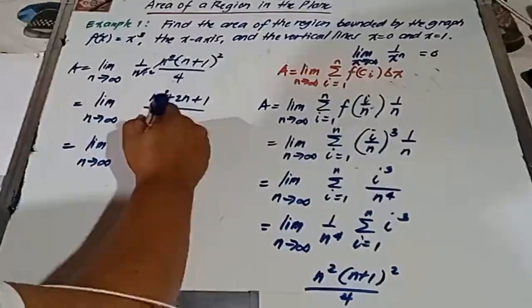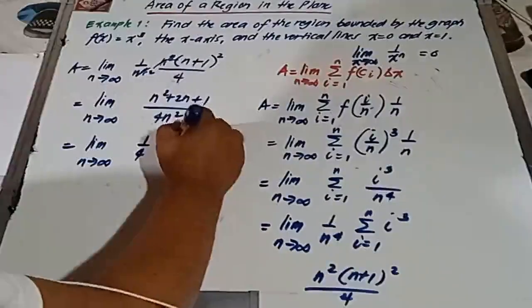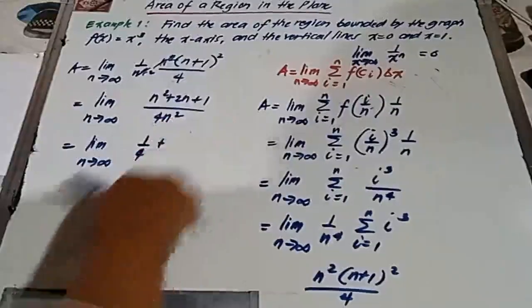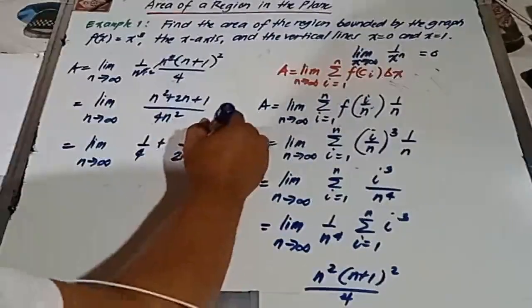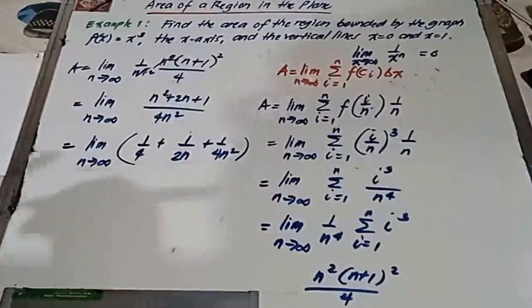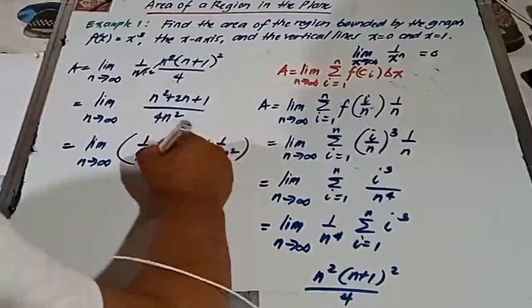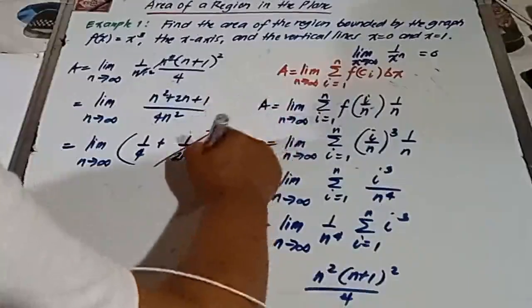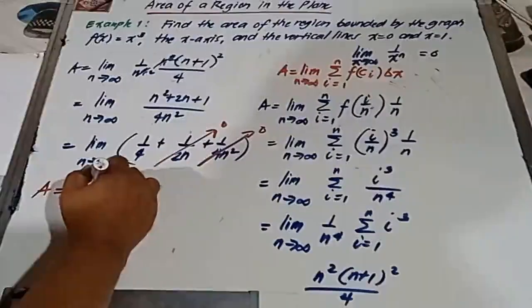We have 1 over 4 plus 1 over 2n plus 1 over 4n squared. Okay? So, therefore, ito ay equivalent to 0 na to. 0. This is also equal to 0. Therefore, ang area natin is equal to 1/4.